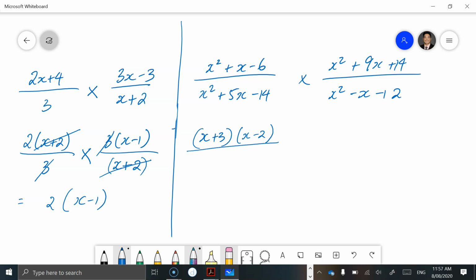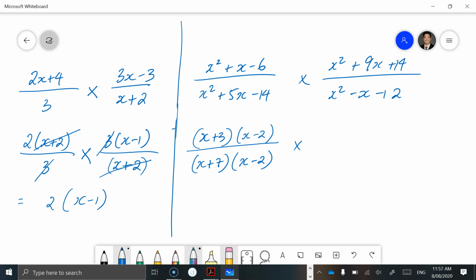Okay. Bottom one, factors of minus 14 that add up to 5. I'm looking at x plus 7 and x minus 2. Minus 2 times 7 is minus 14. 7 minus 2 is 5. So always check that to make sure.